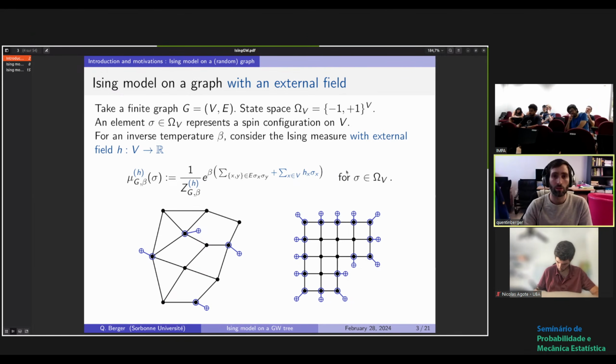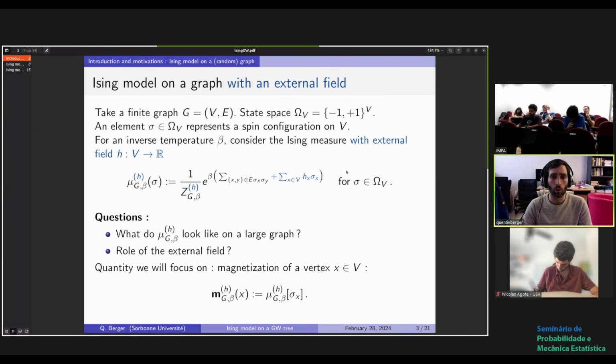Okay, so that's the Ising model. What we usually want to do is understand this measure on a large graph. You can take the square lattice and look at a big square in it. You want to understand the role of the external field, and in this talk I will just focus on the magnetization of a vertex x that you take.